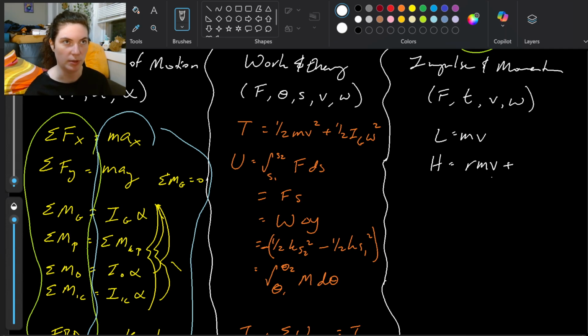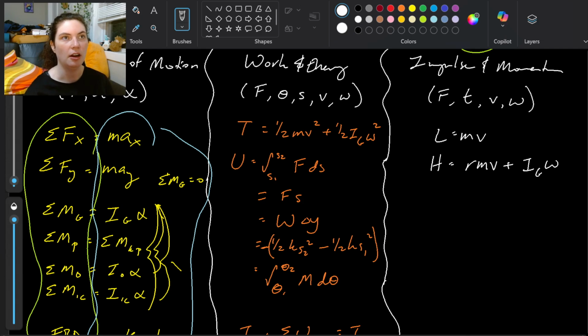Then our angular momentum is r times m times v plus I_G omega. Those generally cover whether you have it with velocity or with angular velocity. It pretty much covers our angular momentum from different things in a body.